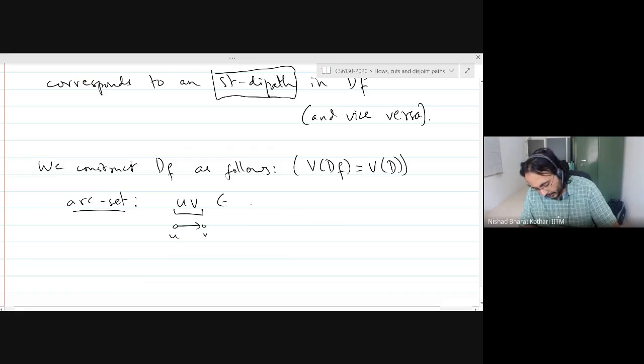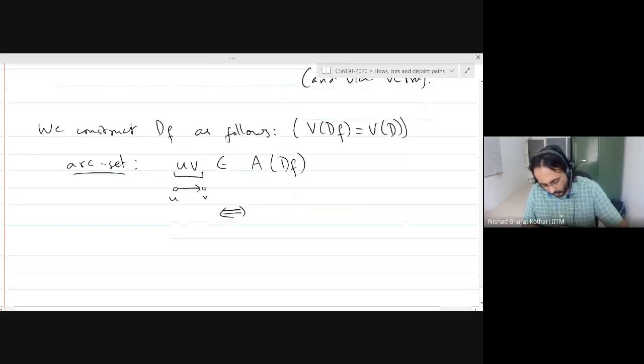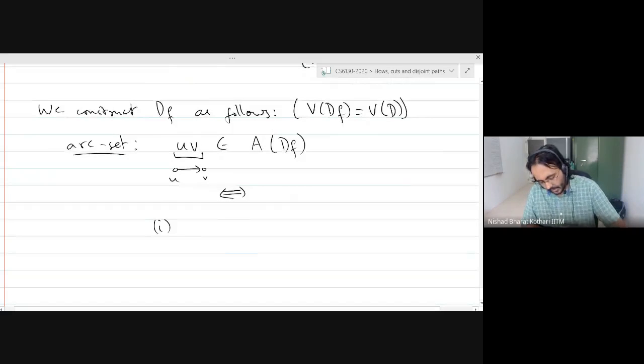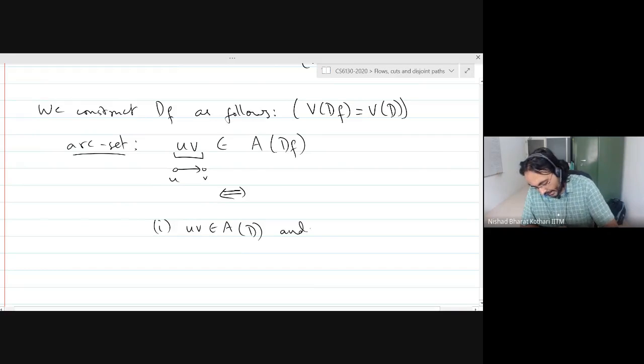U to V is an arc of the auxiliary digraph if and only if one of the following happens. Either UV is an arc of the original digraph and the flow on this arc U to V is less than the capacity of this arc UV. Okay?